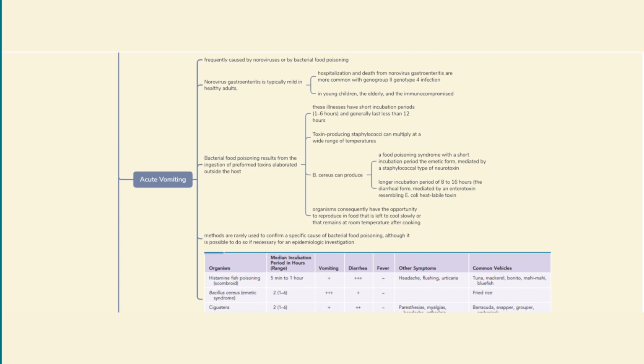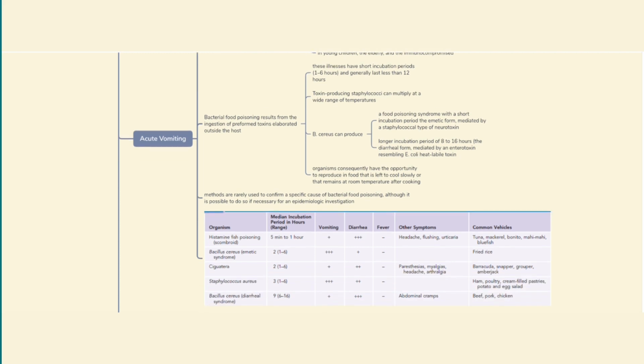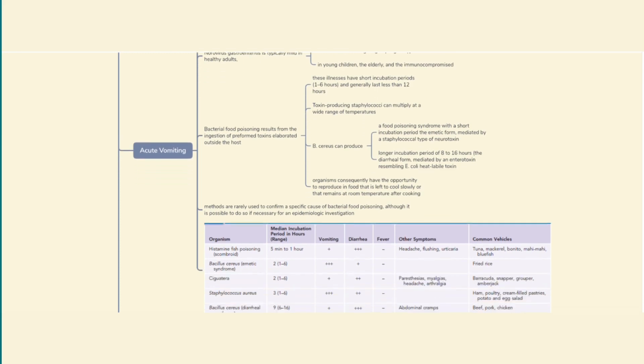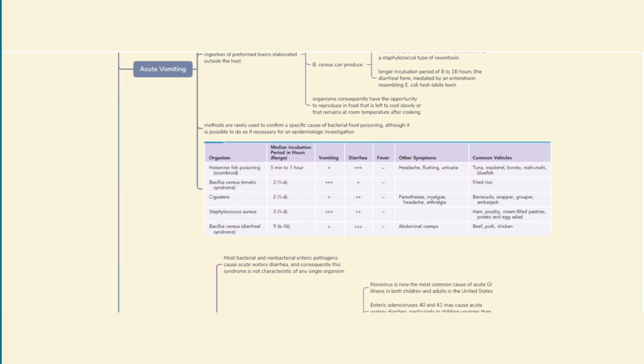We will have a specific video only on acute vomiting, which will be on the specific treatment and diagnosis of each one of those agents. And we will go especially deeper into the norovirus, since it can give us small outbreaks in really small confined healthcare areas.